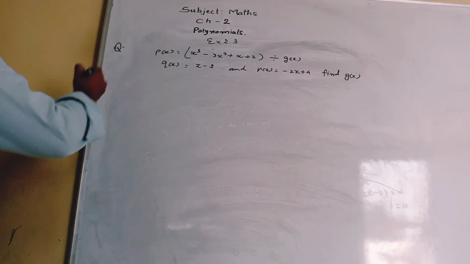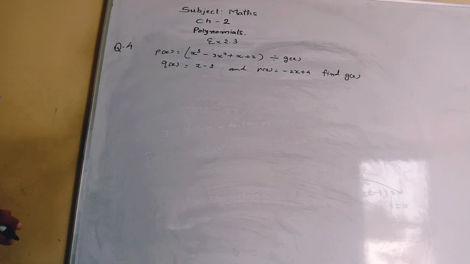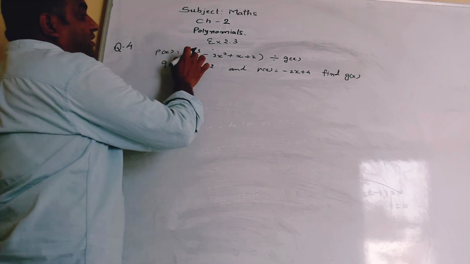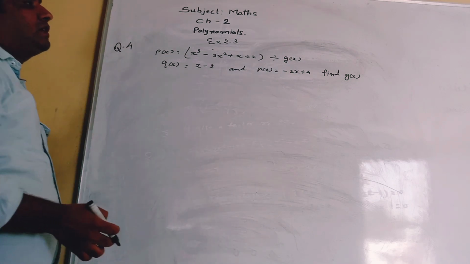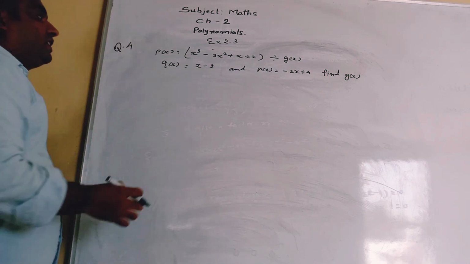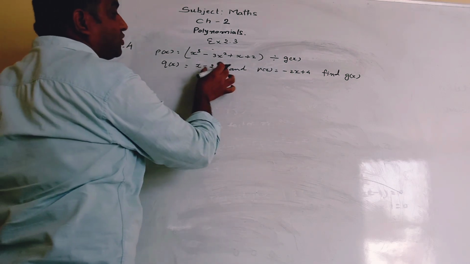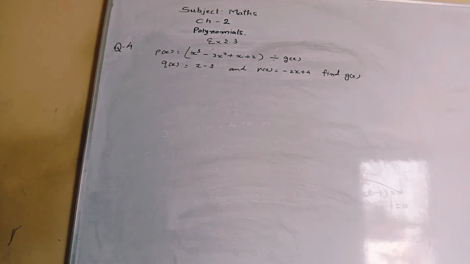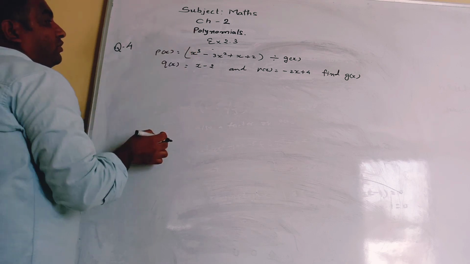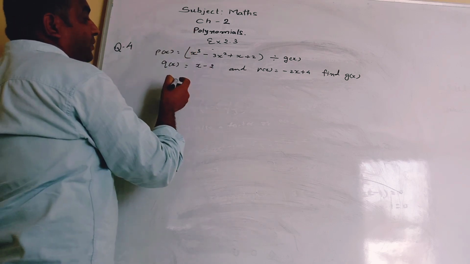Now we have question number 4. Polynomial px is given as x cube minus 3x square plus x plus 2, divided by some divisor polynomial gx. Then we get the quotient as x minus 2 and remainder as minus 2x plus 4. Then find gx. So we want to find the divisor polynomial gx.